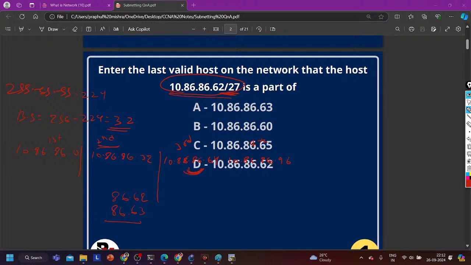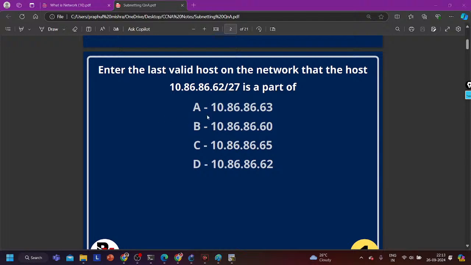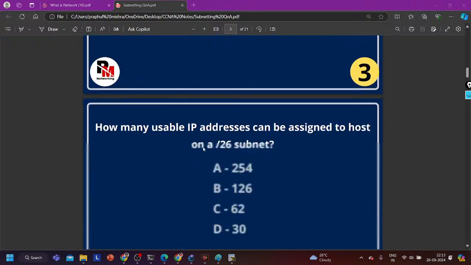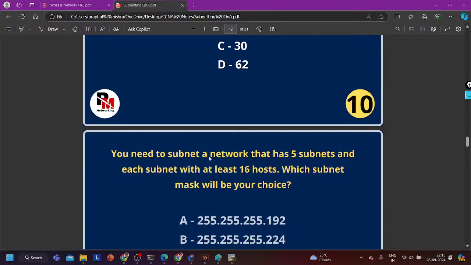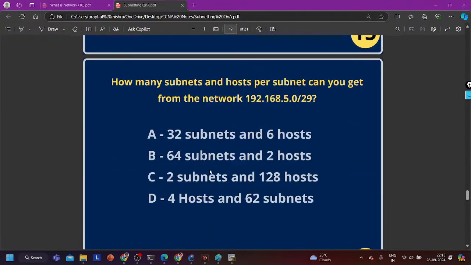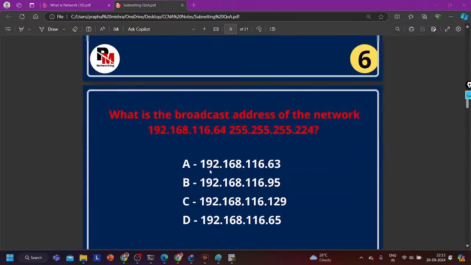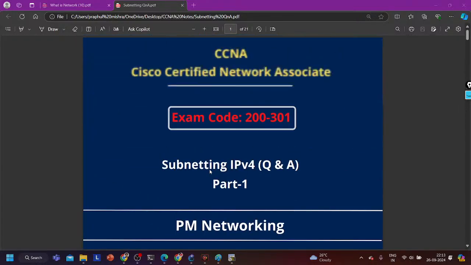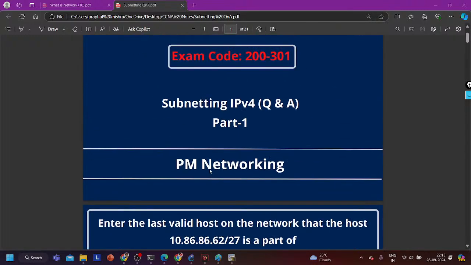Right. So guys, please check all these questions. If you are able to solve all these questions by yourself, that means your subnetting is clear. Then you can move on. Until and unless you are able to solve all these questions, that means you are still lacking in subnetting. So I am sharing this PDF with you, try to solve the questions. All are based on the CCNA 200-301 exam.